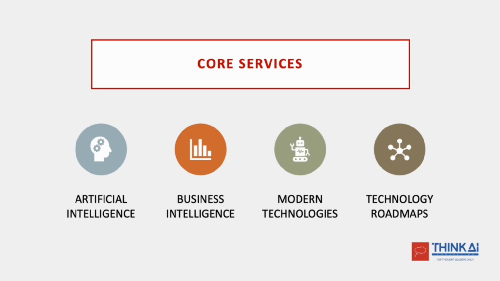Modern technologies could be Power Platform, which could be low or no code solutions, or even Azure web services, or even integrations using other Azure cloud services. It could be industry specific services as well, which is considered under our modern technology framework. Finally, we love doing technology roadmaps, starting from building the strategy into building roadmaps into executing those by phases.